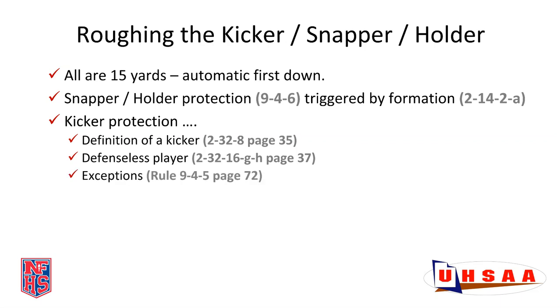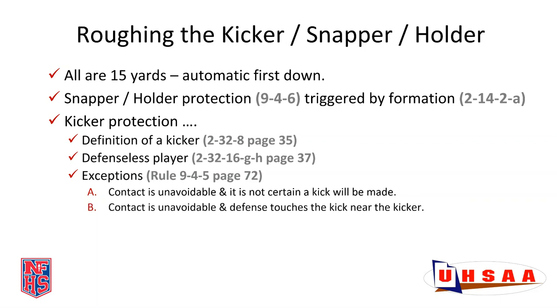But there are some exceptions, and these are covered on page 72. Here they are. If the contact is unavoidable and it's not certain that a kick will be made. Now, on a place kick, unlike a punt, this rarely happens. But also if the contact is unavoidable and the defense touches the kick near the kicker, or if the contact is slight and is caused by the movement of the kicker into the defensive player.